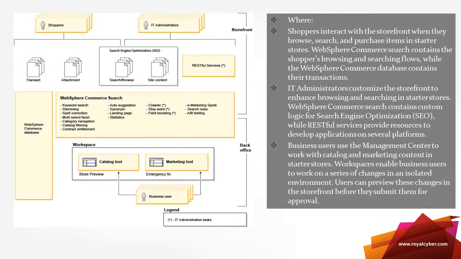Workspaces are also enabled for business users, to work on a series of changes in an isolated environment, where they can preview the changes and then submit them for approval. In the remaining sections, we'll go over all these features in detail.